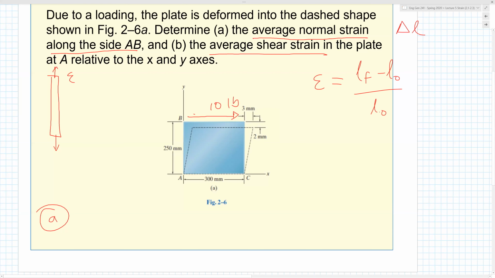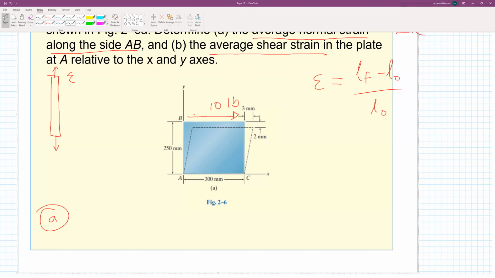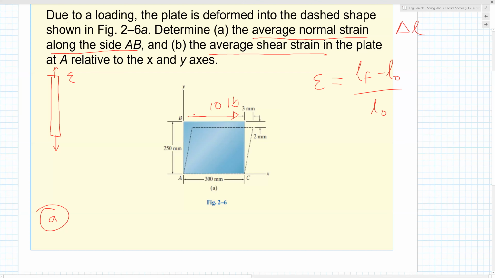Even if it's average or instantaneous, I can modify that. But just think of it as final minus initial quantity over the initial. So here it's saying side AB, okay? So I'm going to look at it for side AB.